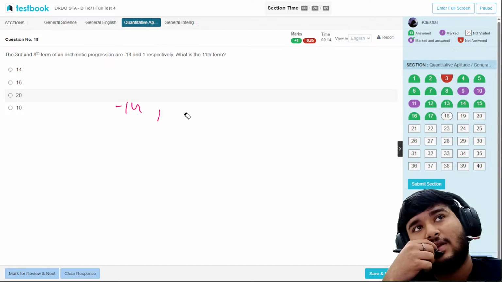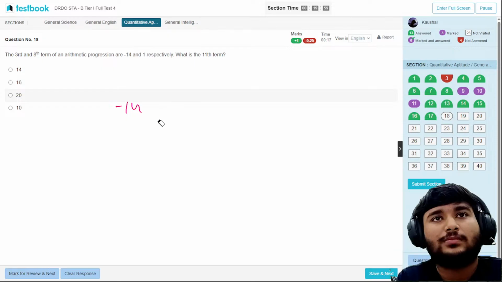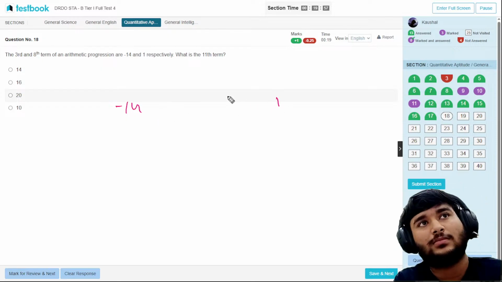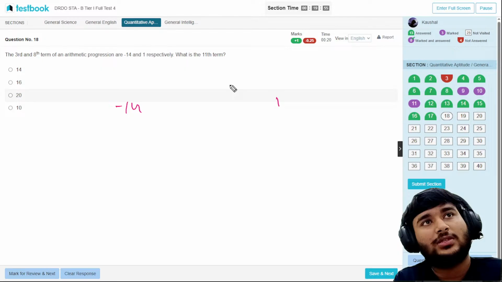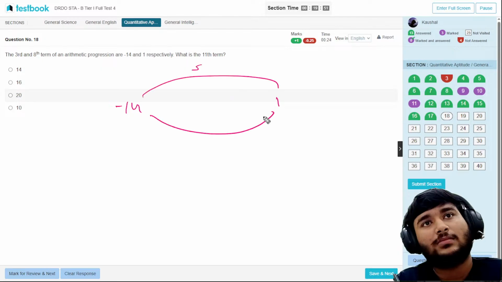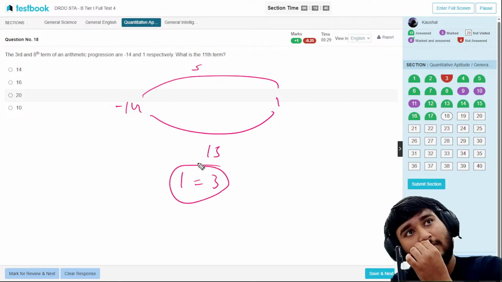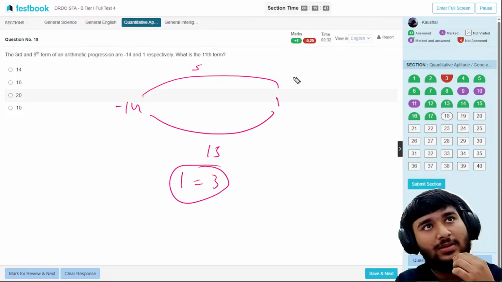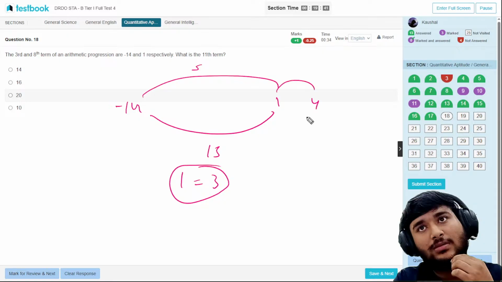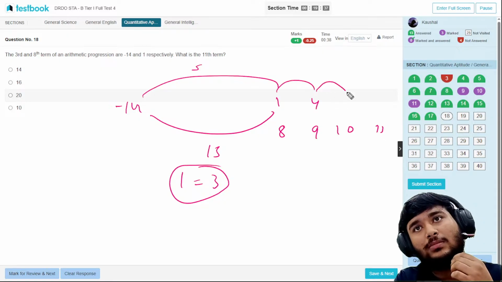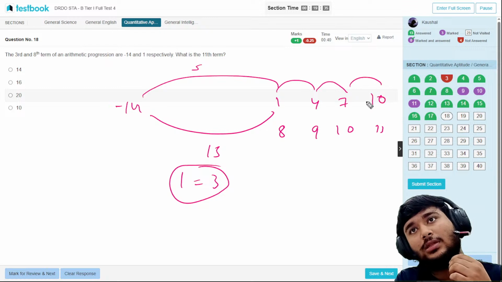Third and eighth term. 4, 5, 6, 7, 8, five steps between them. The difference between them, 15 equals 3, 8. Plus 3, 10, 11, plus 3, 7 plus 3, 10.